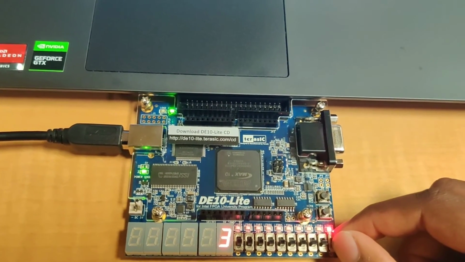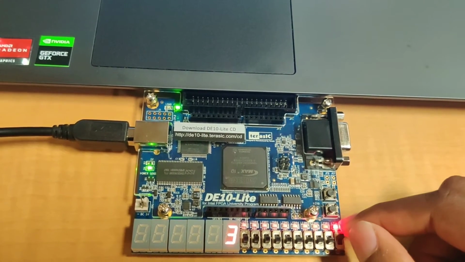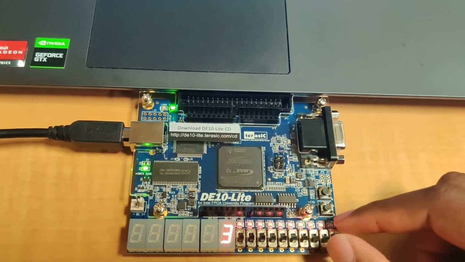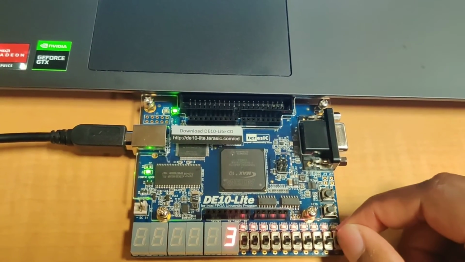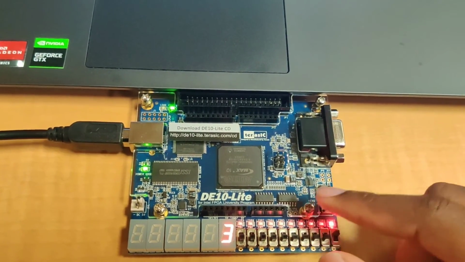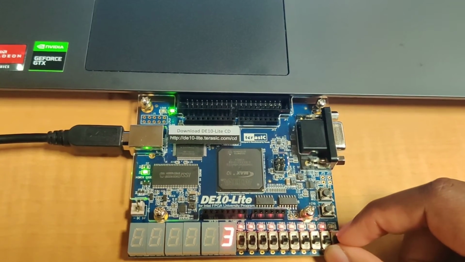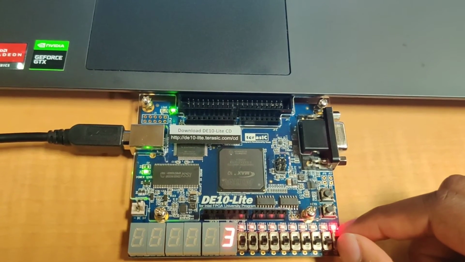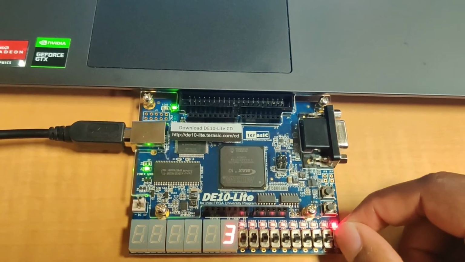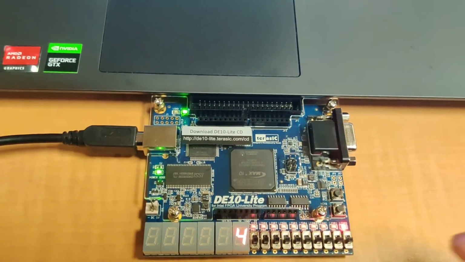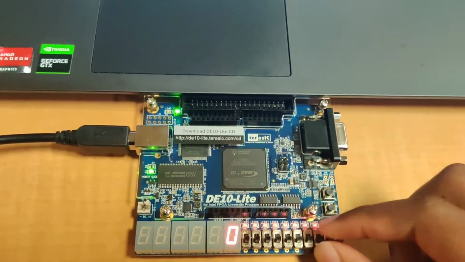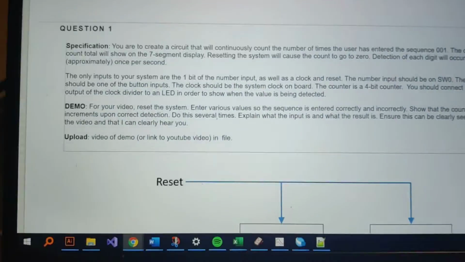Okay. So 0, 0, 1, change. Oh, I keep missing these. Yeah, I feel like that's enough times. Go ahead and reset, and that is it for my lab.